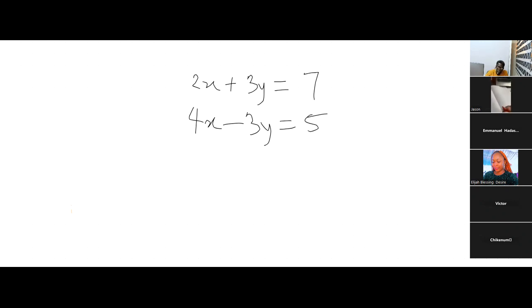For the first equation, 2x plus 3y equals 7, for the first coordinates, what is the value of y when x is equal to 0 that you calculated there? Mention it to me, Jackson.